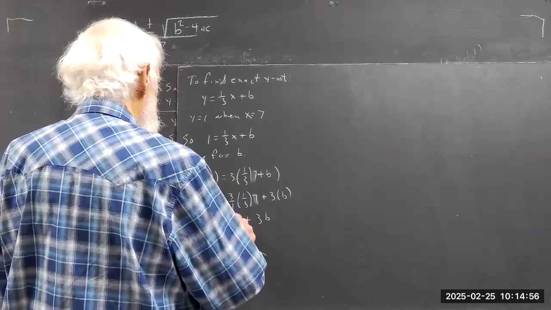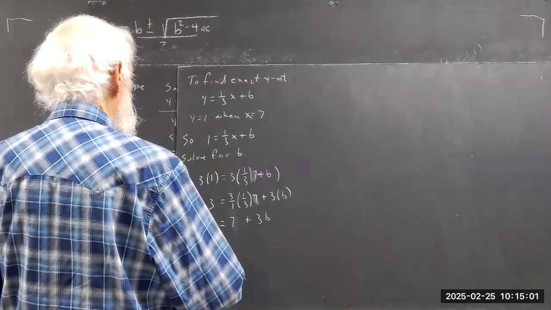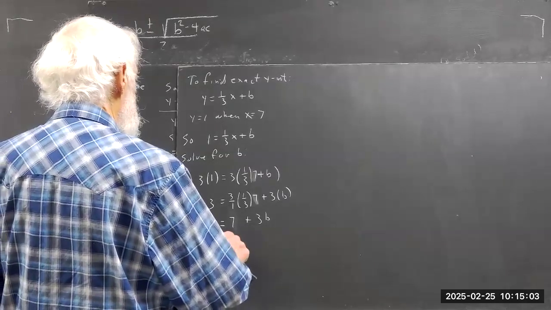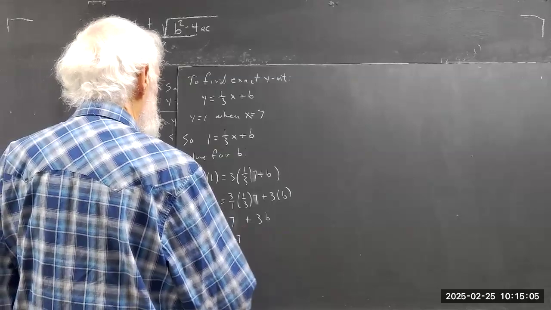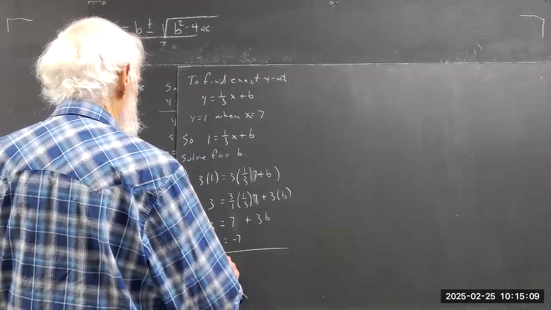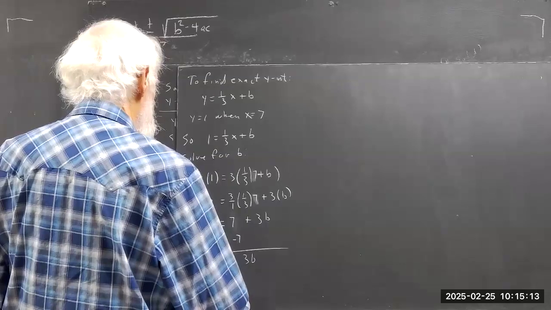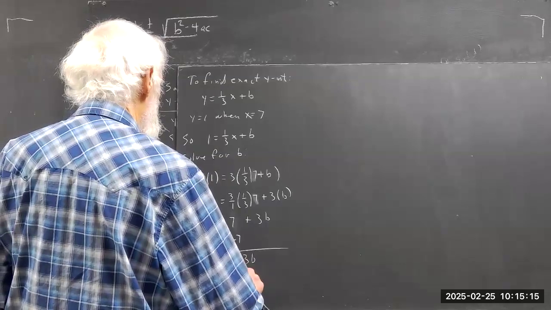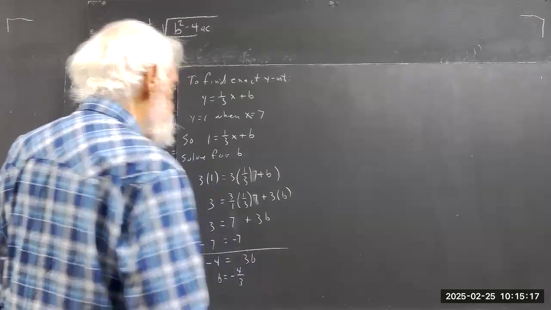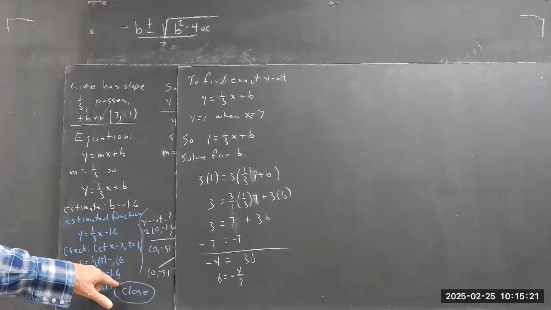It's going to be 7 plus 3b. So then people like to do it this way. So we'll subtract 7: -7 equals -7. And we get -4 equals 3b. So that b equals -4/3, which is the -1.33 that I said would work for this approximation.